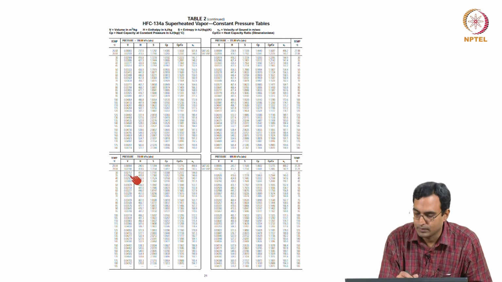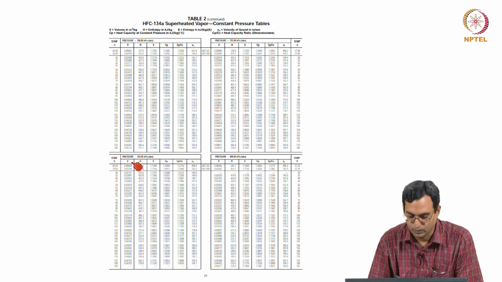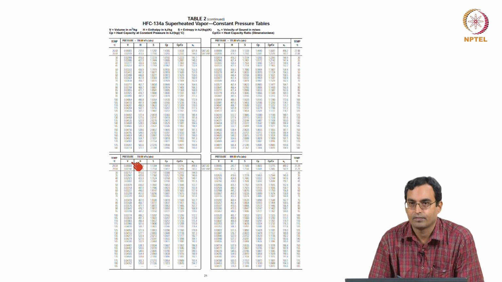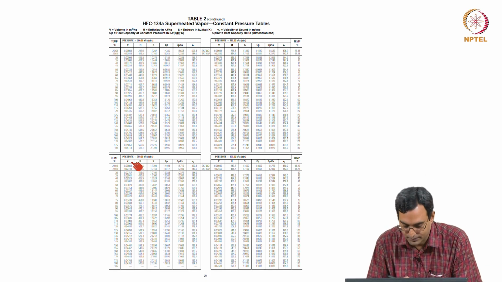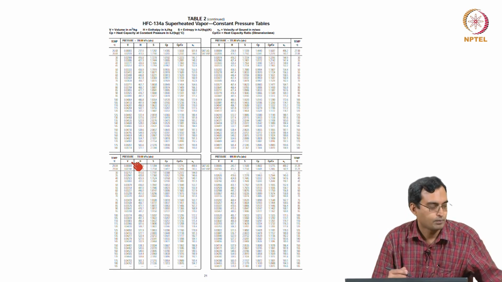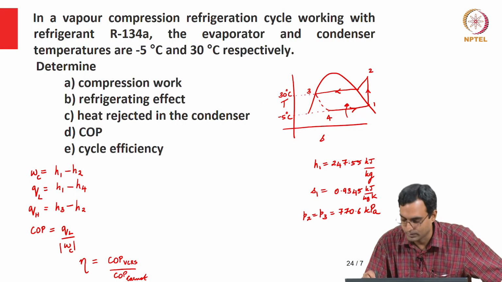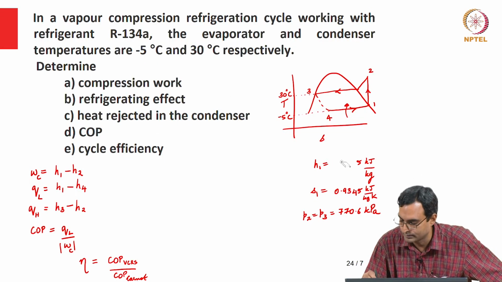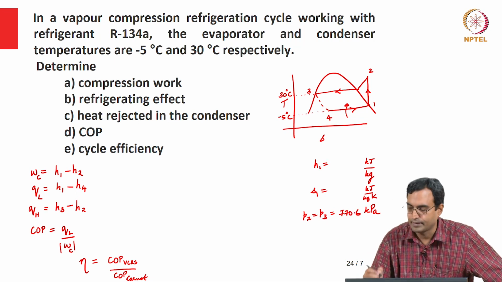I have a value here for table with 750 kilopascals, which is fairly close. But if I am going to take one value from here, I need to take all the values from this table, because as I said earlier, the references are different. So, what I need to do in this case is to go back and find out new values of these using these new tables. So, this is going to be the same, but the enthalpy.